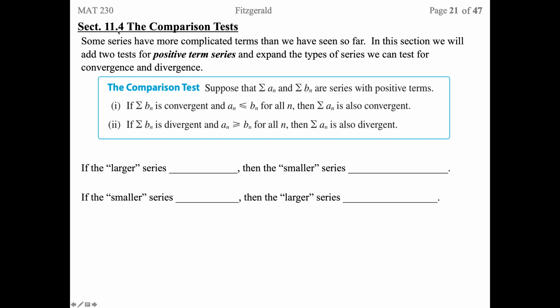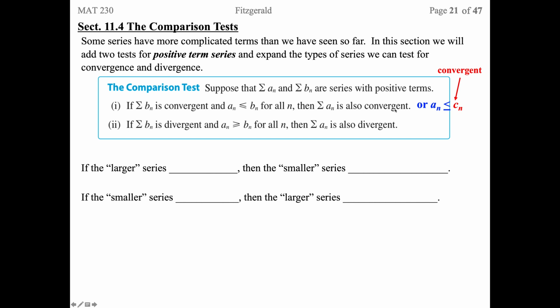The comparison test says, suppose that you have two series, the summation of A sub n and the summation of B sub n, with positive terms. If the summation of B sub n is convergent and A sub n is less than or equal to B sub n for all n, then the summation of A sub n also converges.